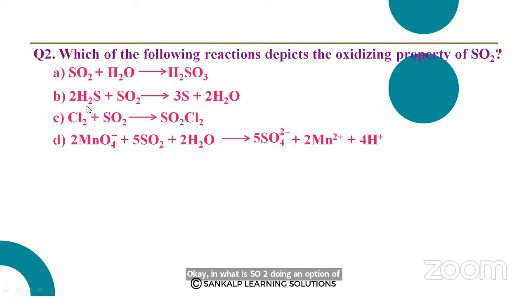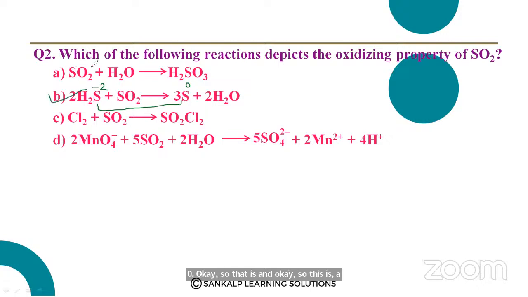SO2 is oxidizing H2S to S. This H2S is oxidized, since the oxidation number of S changes from -2 to 0. So B is the correct answer.